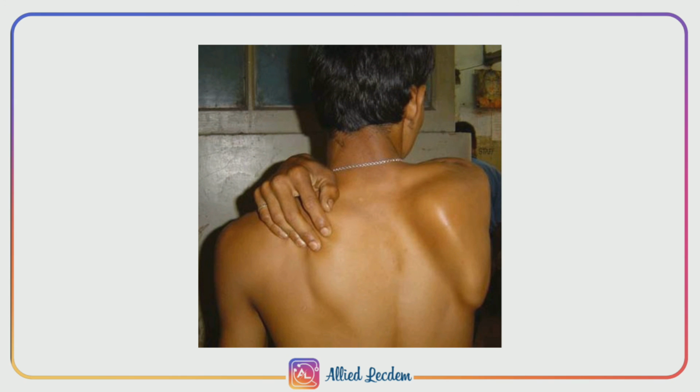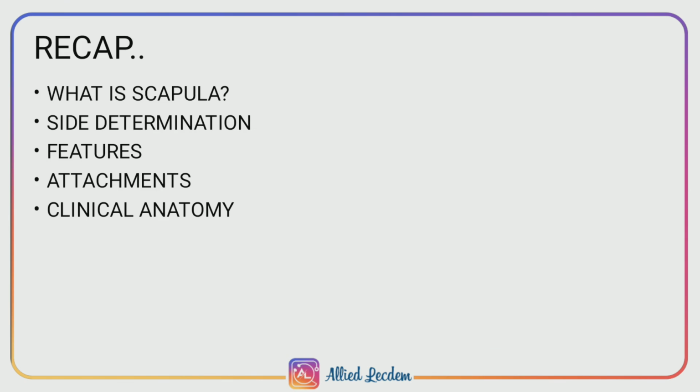So, we'll just brush up on the topics and subtopics we have gone through in this video. First, the scapula is a flat, thin, triangular bone placed on the posterior lateral aspect of the thoracic cage. In side determination, we saw the glenoid cavity lies in the posterior lateral aspect, whereas the spine and acromion are on the posterior surface.